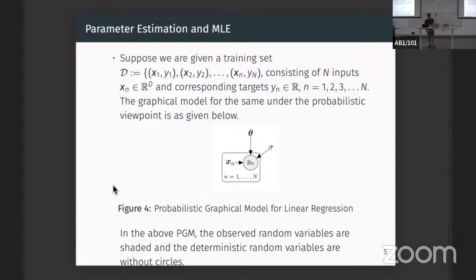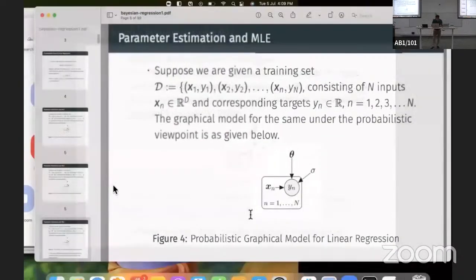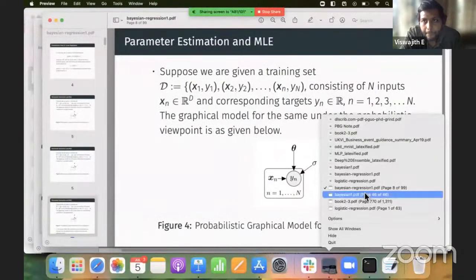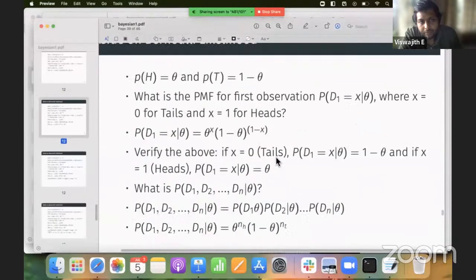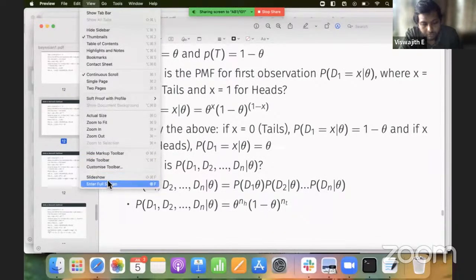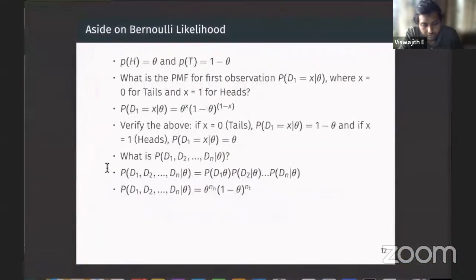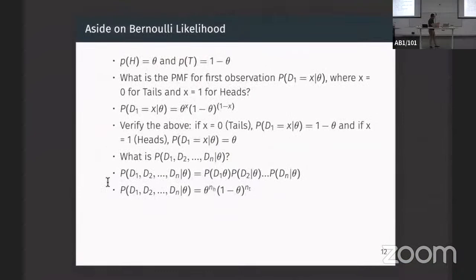So we did the same thing for the coin toss, right? We figured out the likelihood. Let's go back to the coin toss example. I think it's useful to view this again and again. Probability of head equal to theta, probability of tail equal to 1 minus theta, probability of the data set given theta is probability of D1 given theta, D2 given theta, so on and so forth, all of them multiplied, IID, which is equivalent to theta to the power nh into 1 minus theta to the power nt.